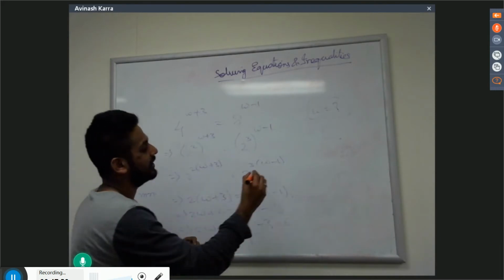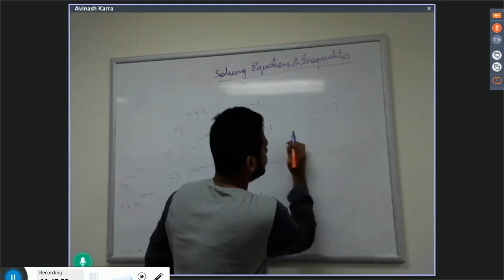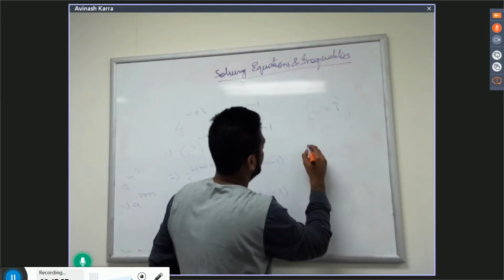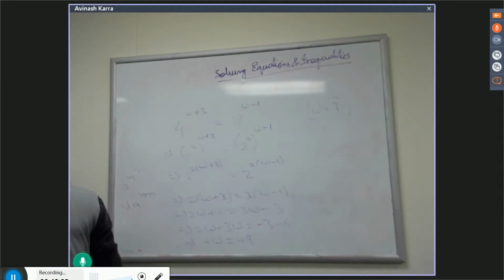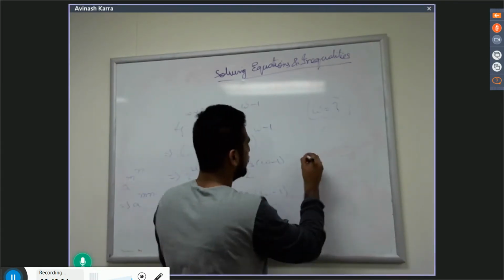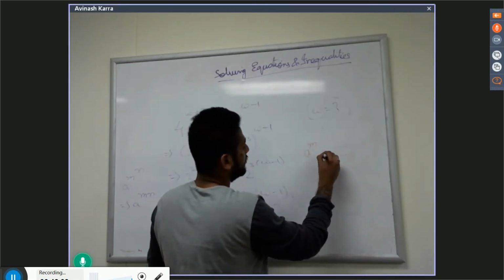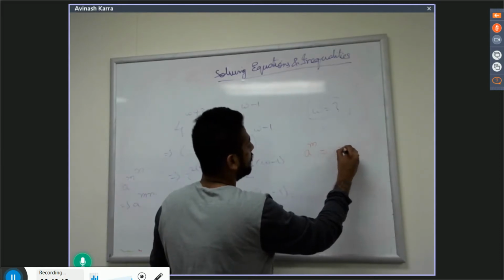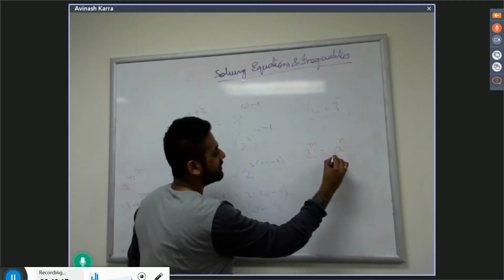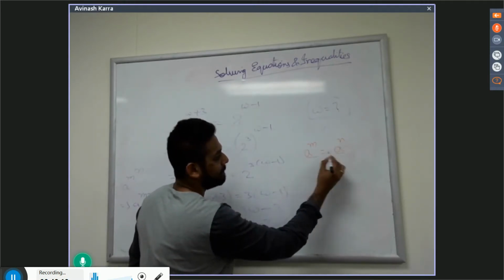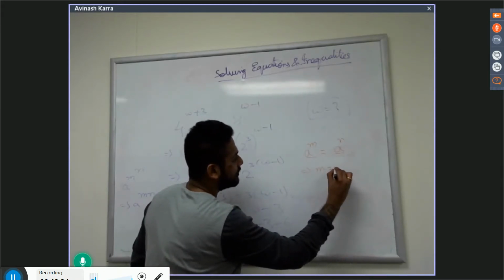There is a formula called a to the power of m. Let me try with the other pen. If a to the power of m is equal to a to the power of n, when both the bases are equal, then the powers are also equal.